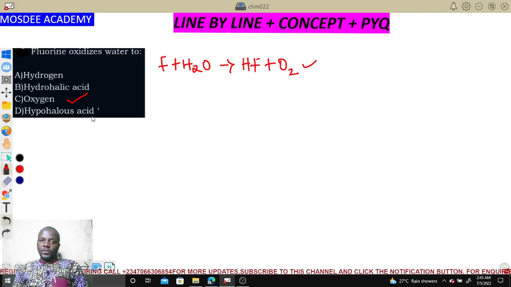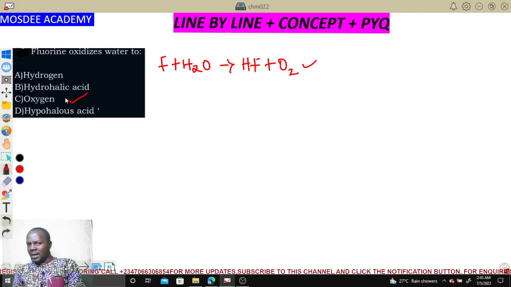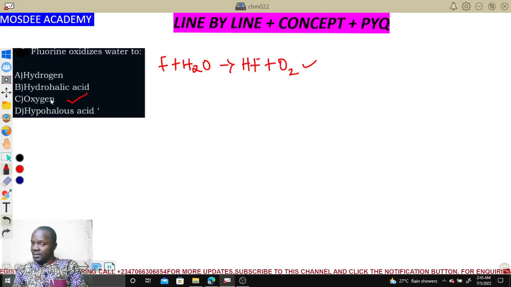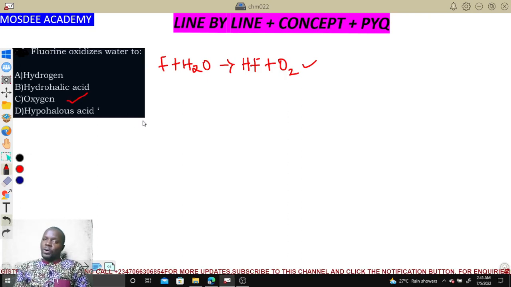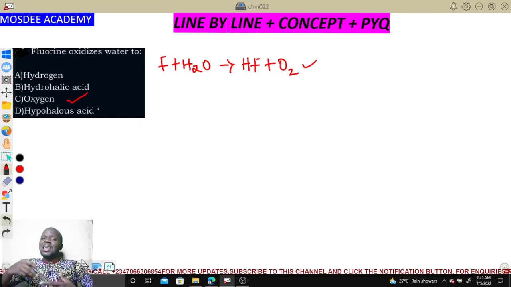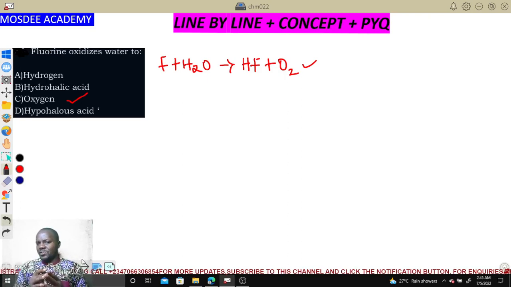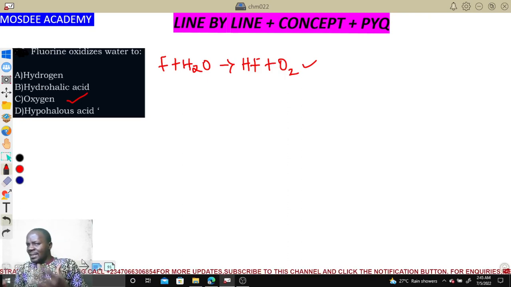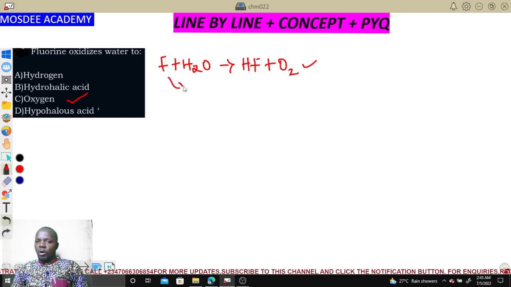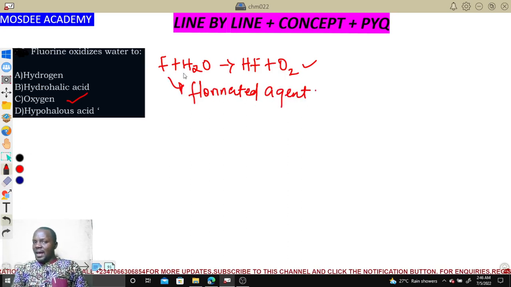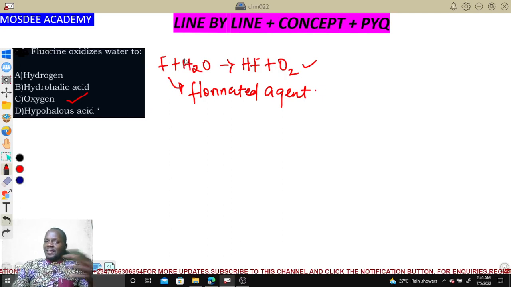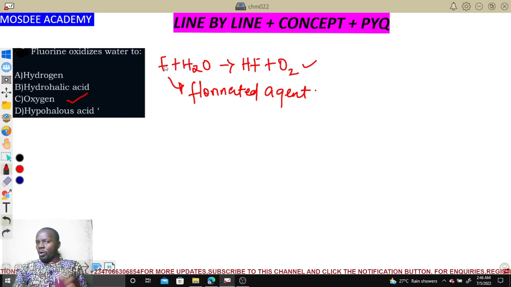Please note that. The next one, I told you it is chlorine and bromine that give hydrochloric acid and hypochlorous acid. Fluorine is more of a fluorinating agent. It combines easily with hydrogen; it wants to add fluorine to hydrogen rather than hydrogen adding itself to fluorine.